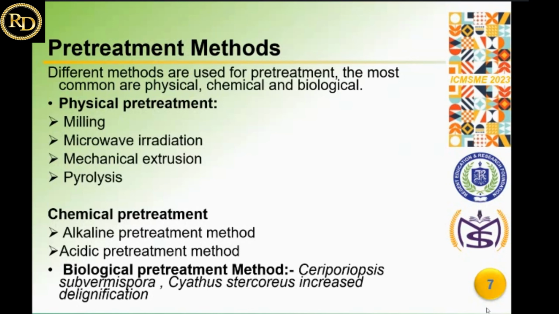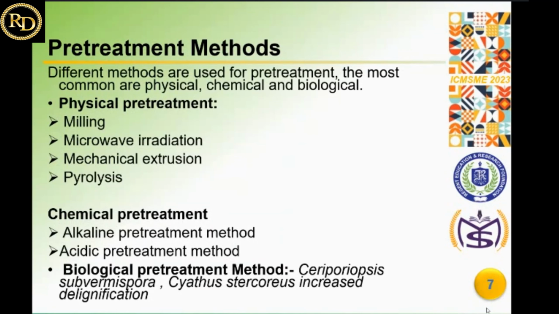Then we have chemical pretreatments. In chemical pretreatments, we use two types: the alkaline pretreatment method and the acidic pretreatment method. The alkaline pretreatment method is used because chemicals like sodium hydroxide and potassium hydroxide are easily available, not as costly, and less corrosive in actual use.